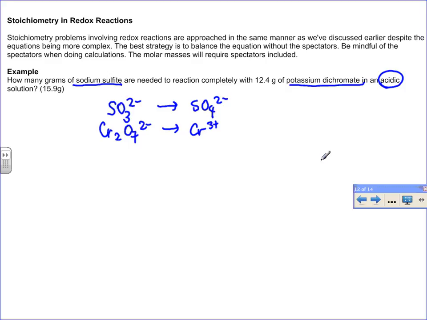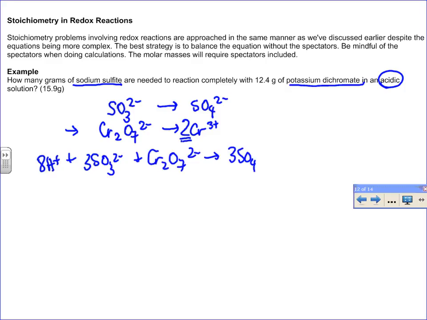One big thing about this one that you haven't seen in any examples yet so far is that the very first step of balancing the other atoms needs to be done. So chromium here, you need a 2 there. It's not going to work unless you are mindful of that. So when this is balanced in acid, the final reaction that you have is this here.